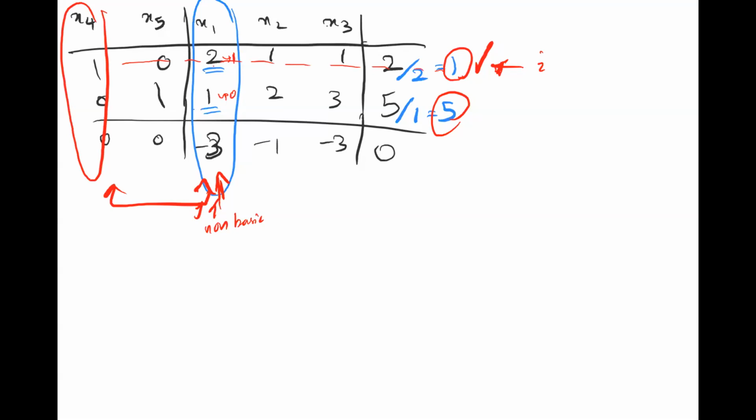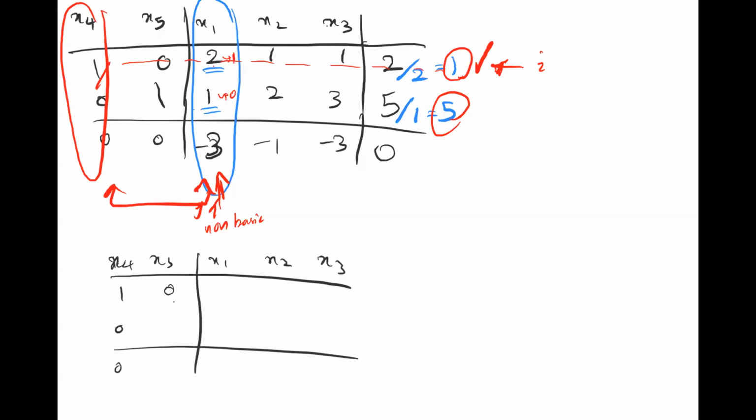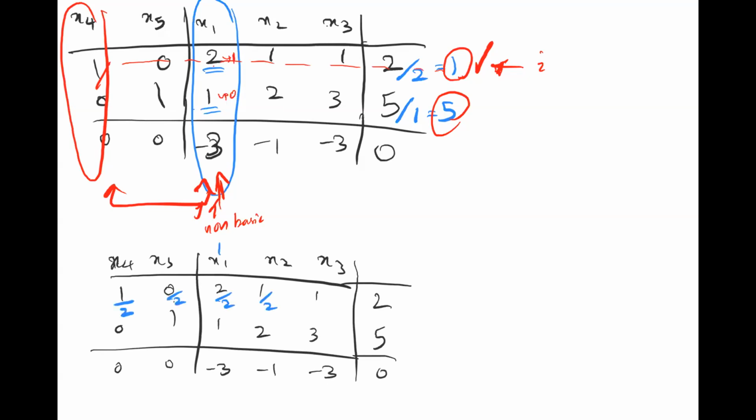Let me rewrite this table so you can see. So we have x4, x5, x1, x2, x3, 1, 0, 0, 0, 1, 0, 2, 1, minus 3, 1, 2, minus 1, 1, 3, minus 3, 2, 5, 0. So what I'm going to do, I'm going to divide this row by 2 because we want to make this 0, 0, 1, 0.